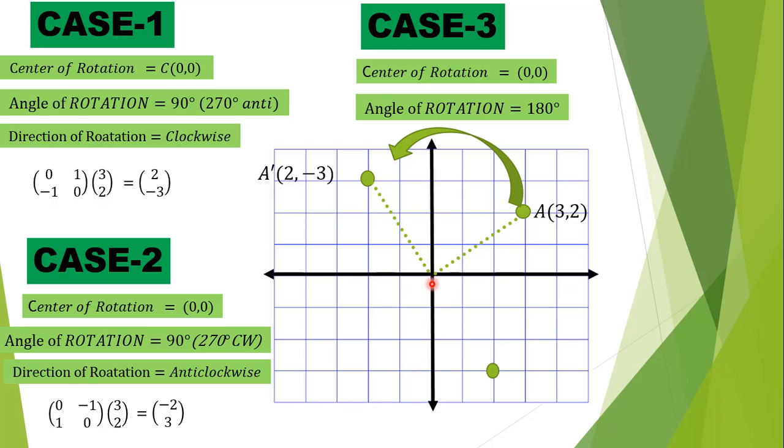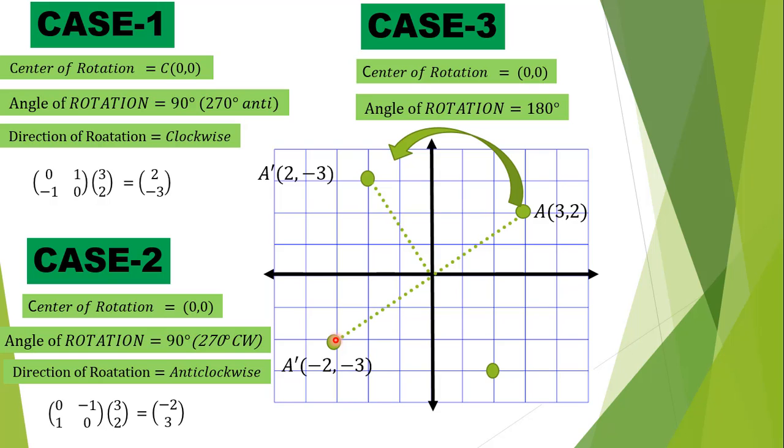So it will move the same 3 units in x direction and the same 2 units in y direction, but the direction will be opposite. So 1, 2, 3 units in x direction, 1, 2 units in y direction. This should be the image of A when it is rotated 180 degrees about the center. So A dash will have the coordinates -3, -2.